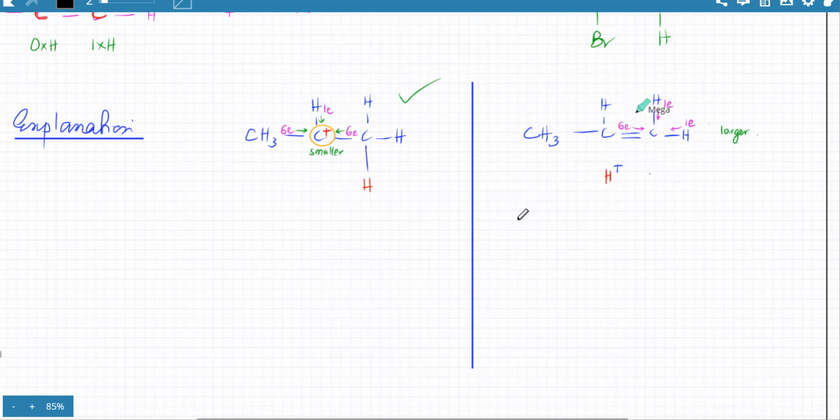Can I just clarify, when you said the carbon positive, it's smaller because it's pulling more electrons? I mean, this one over here? Yeah. It's positive because it's surrounded by a lot of electrons. So think of a positive charge that's surrounded by a lot of electrons. So it has a lot of electrons available.